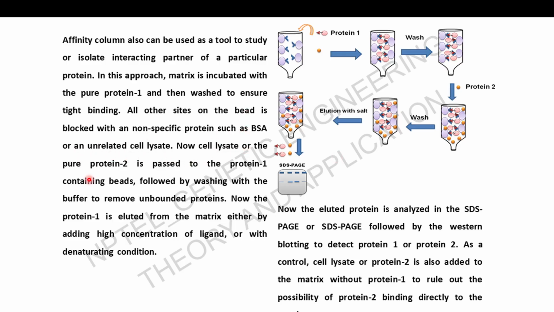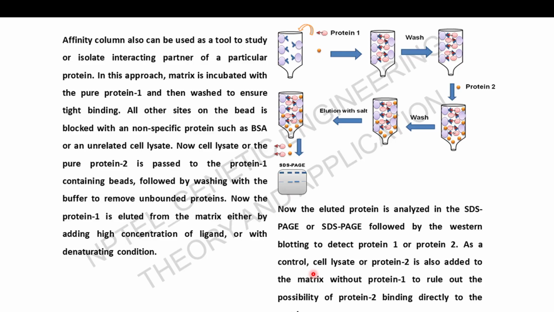So now the cell lysate or the pure protein 2, another protein, is passed to the protein 1 containing beads, and then it is followed by washing with the buffer to remove any unbound particles or unbound proteins. Now the protein 1 that is bound to the beads is eluted from the matrix either by adding a higher concentration of the ligand or under denaturing conditions. And then this eluted protein can be analyzed on SDS-PAGE or it can be analyzed using antibodies, like on a Western blot.